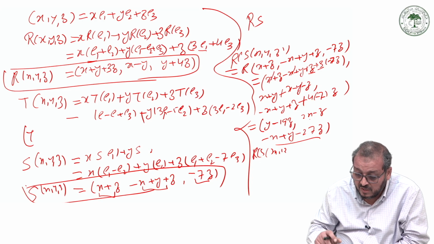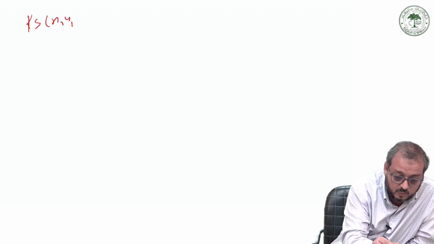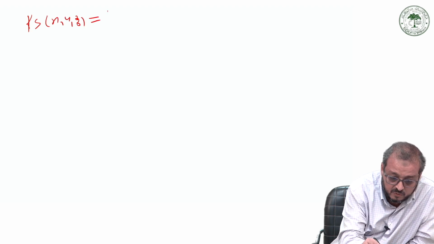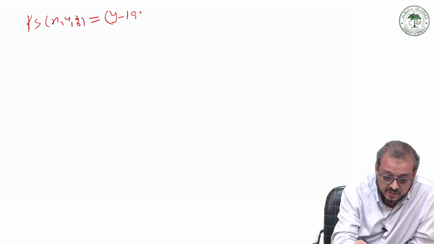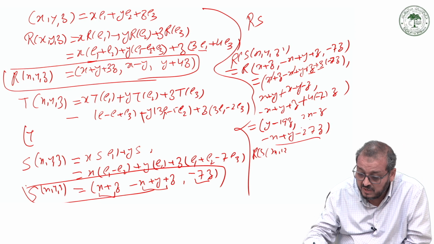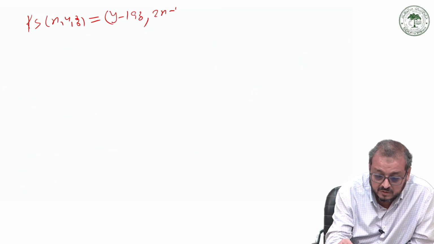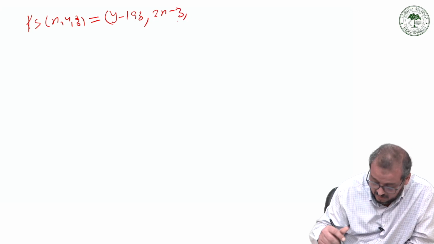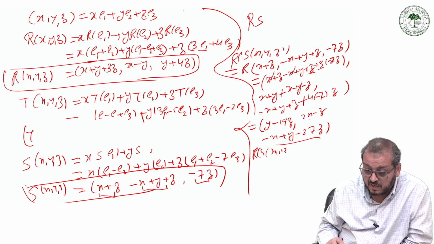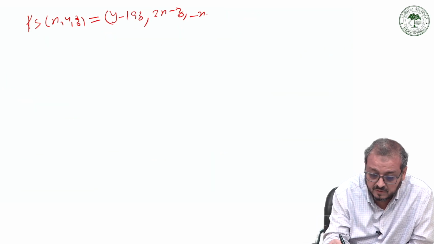So we write this RS composition: RS of x, y, z is equal to y minus 19z, comma, 2x minus z, comma, minus x plus y minus 27z.